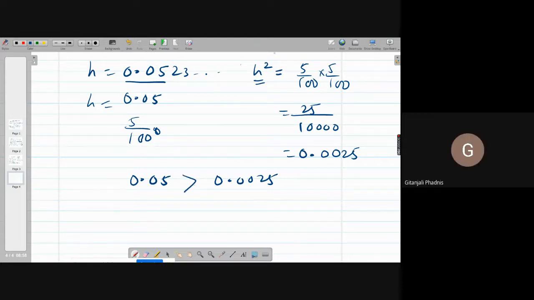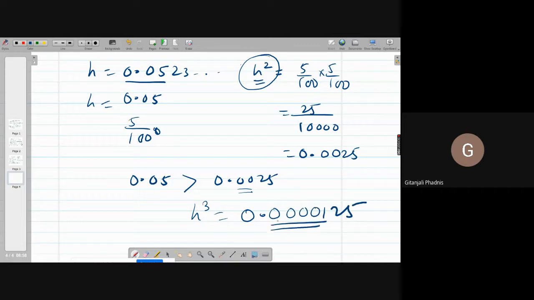So as you go on taking the higher orders of h, what can you say? They become very small, right? So they tend towards zero actually. If you take h cube, you will get 0.00000125. So practically speaking, this value is zero, right?